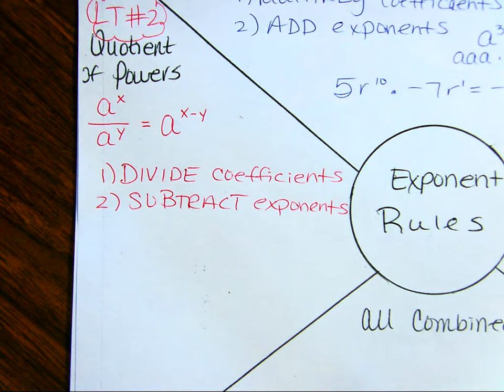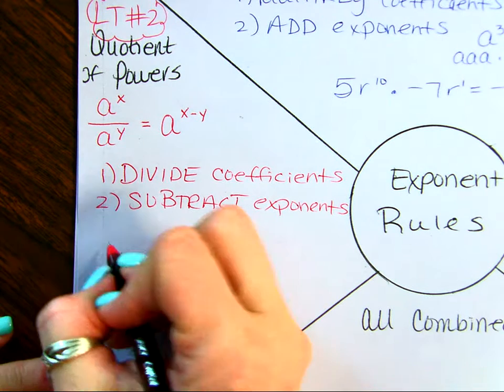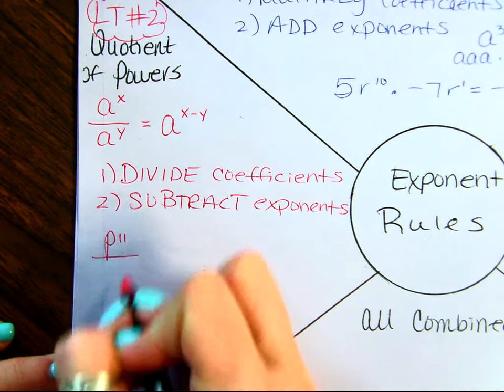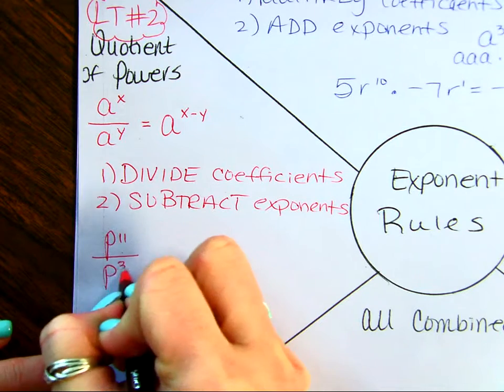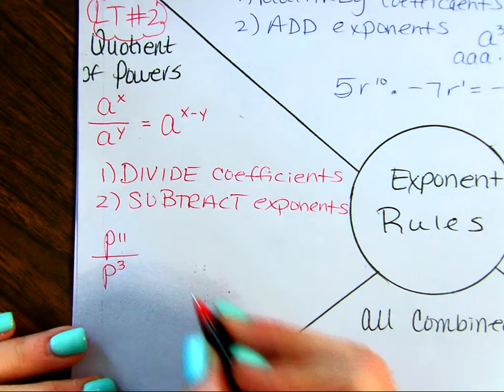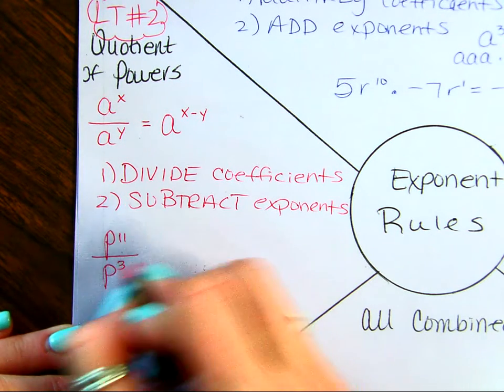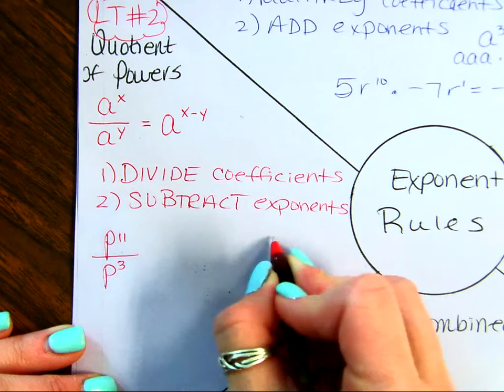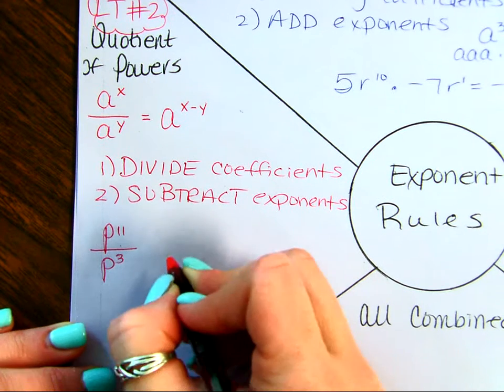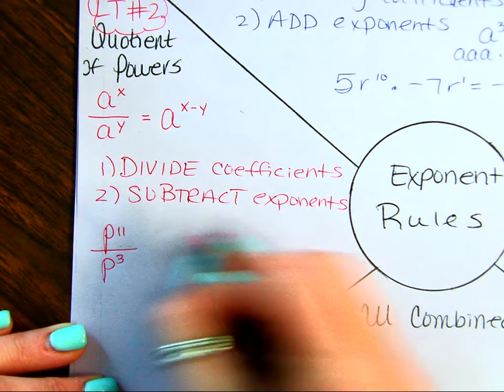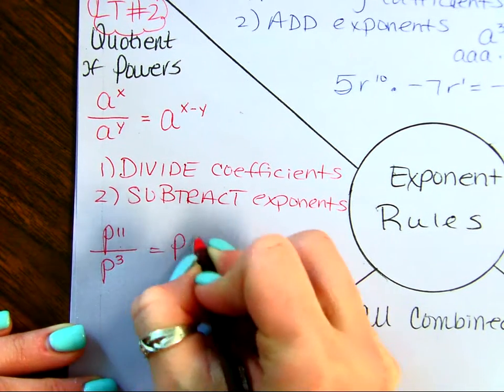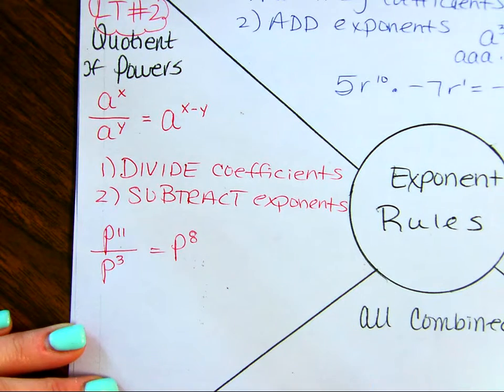Let's do, so what that looks like is, let's say p to the 11th over p to the 3rd. You know, we could write it out, but I'm not going to write 11 p's and 3 p's, and then you picture what I'm talking about. So cancel them all out, and that leaves you with p to the 8th, right?